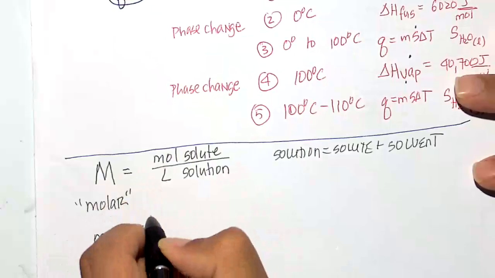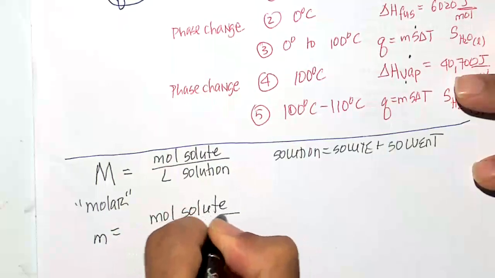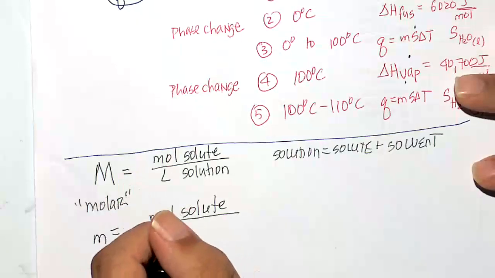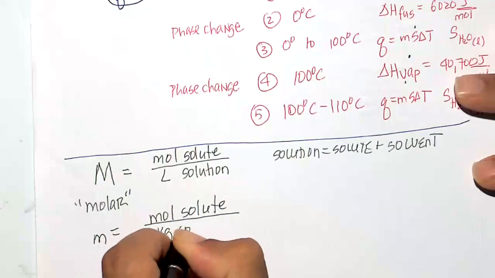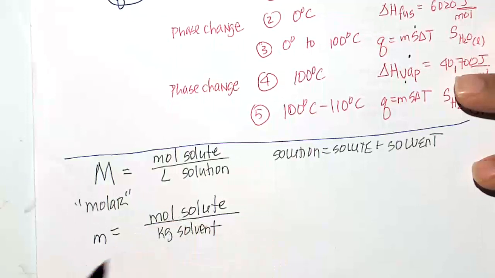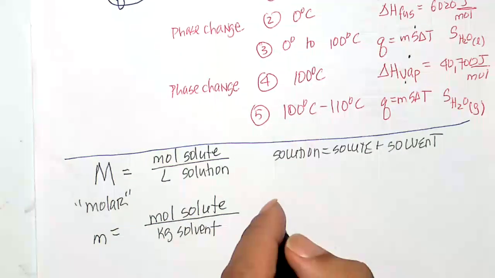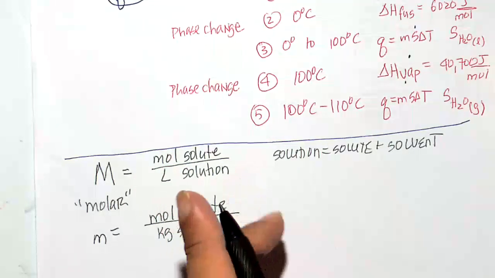Okay, then we have molality, okay, which is moles of what over what? Of solvent. Okay, moles of solute over kilograms of solvent. Very good. All right, so that should be a gimme.